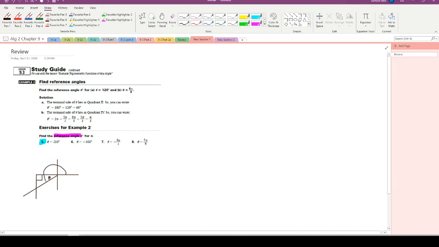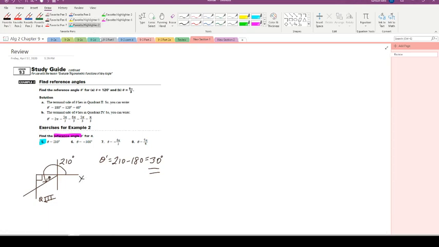It went to here, which is 210 degrees, and because that's in quadrant 3, I have to do theta prime, which is the reference angle I'm looking for, is 210 minus 180, which is equal to 30 degrees. And there's my reference angle. Remember, always related to the x-axis.